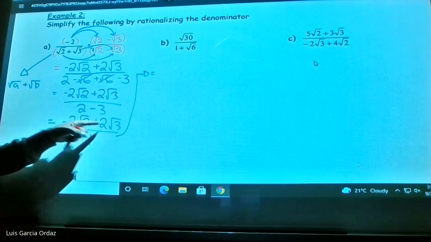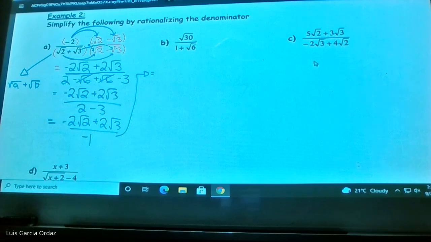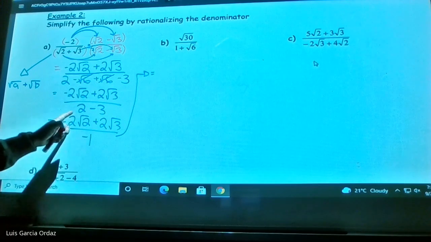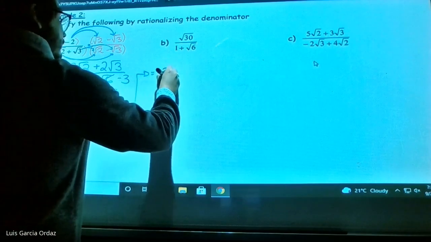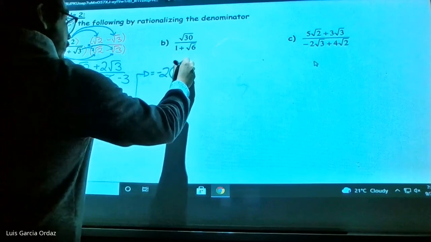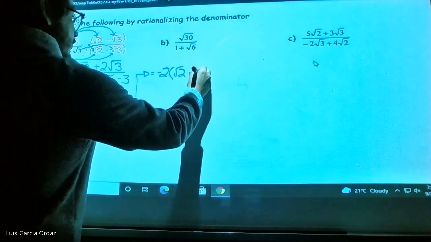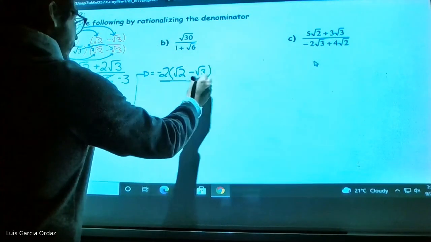Can I factor out a number from the numerator? Ian, are we going to factor out positive or negative root 2? Because we usually like the first term to be positive. We're going to take out negative 2, bracket, root 2 is left over, minus root 3, over negative 1.